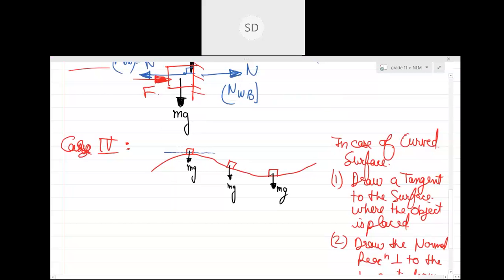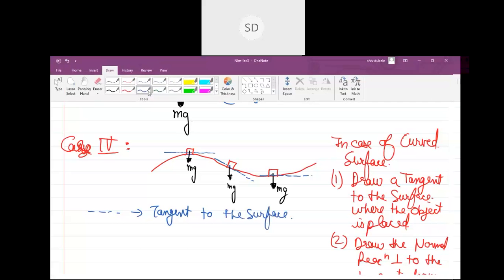Can I draw a tangent like this? Yes or no? Guys, is this the tangent in every case? And then after this, we will draw the normal reaction.